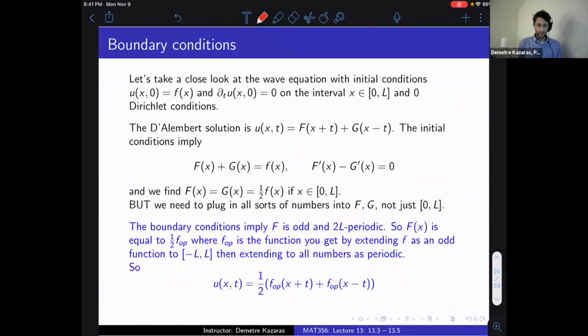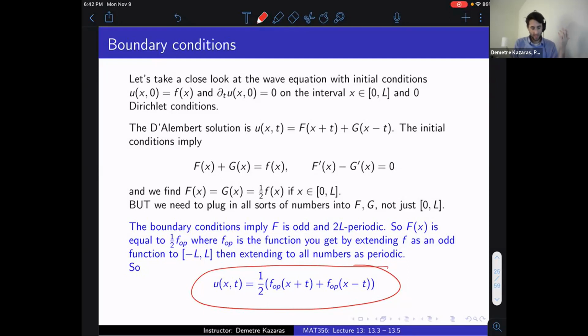So what did we just find? Putting it together, here's what we get. This odd periodic extension is the confusing thing, but now we've worked it out, and we can conclude that the solution to the wave equation using the D'Alembert form will just be 1/2 the sum of two things: the odd periodic function evaluated at x plus t plus the odd periodic function evaluated at x minus t, different numbers.